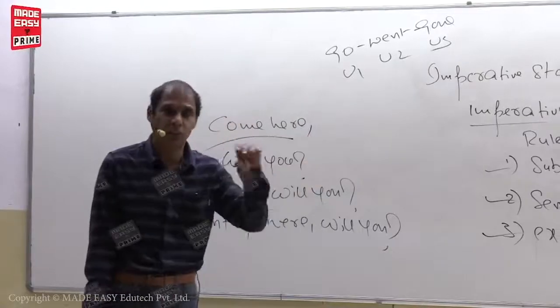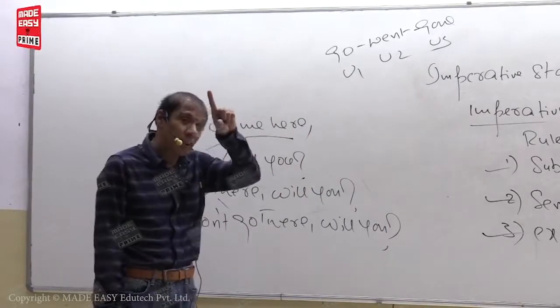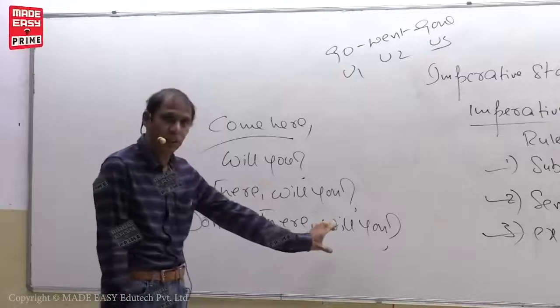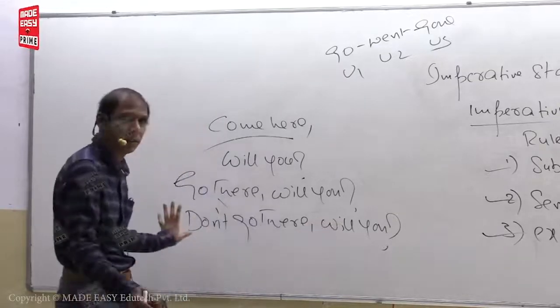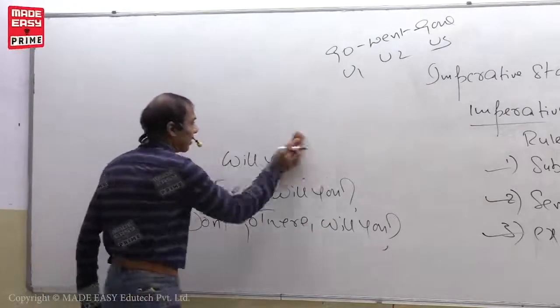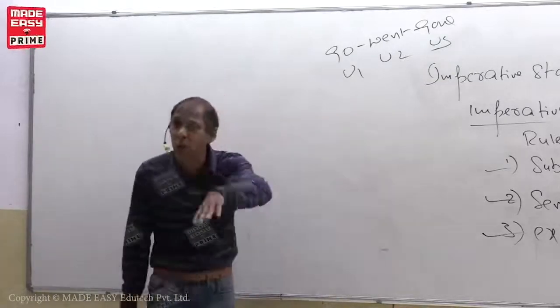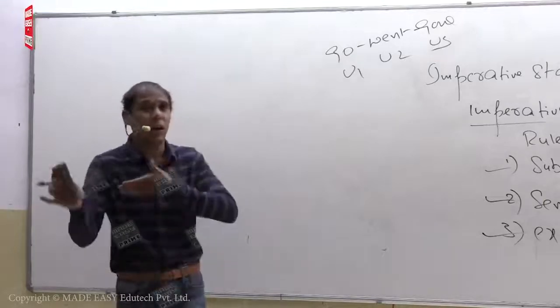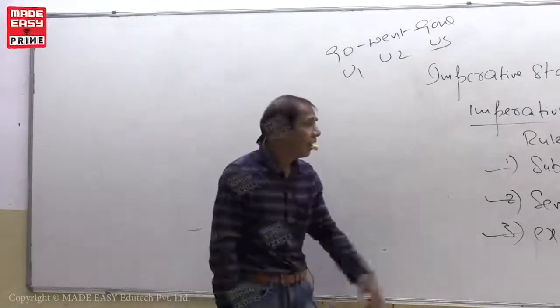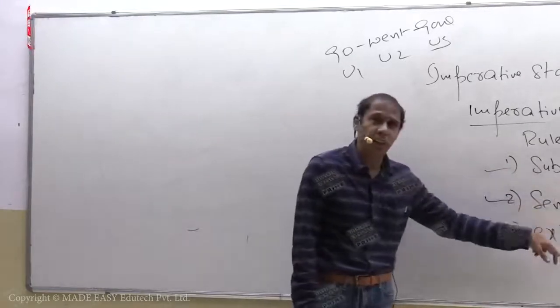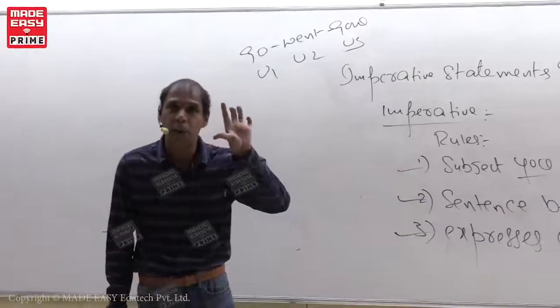Generally, question tag is will you. Some exceptional cases are there. I'll explain that case also now. Right? So, in the case of imperatives, statement is positive or negative. What is the question tag? Will you. What is imperative? A sentence that is satisfied with these three rules, that sentence is called imperative.